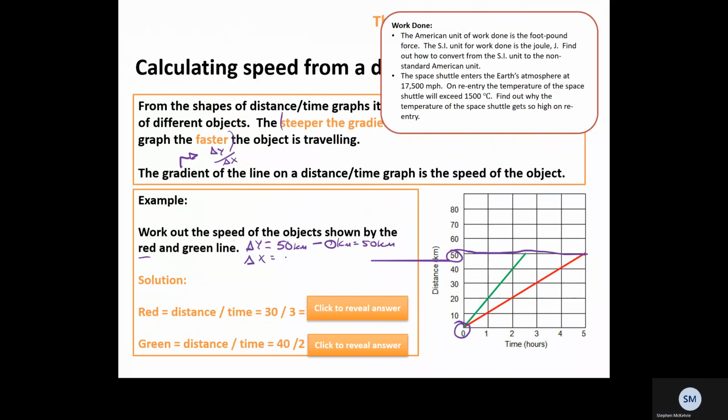Difference in x: finished at 5 hours and began at 0 hours.